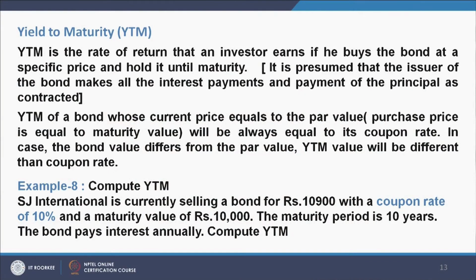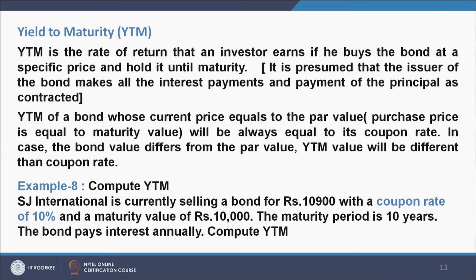Now, the other method to evaluate the bond is yield to maturity, which is called YTM. Yield to maturity, YTM, is the rate of return that an investor earns if he buys the bond at a specific price and holds it until maturity.